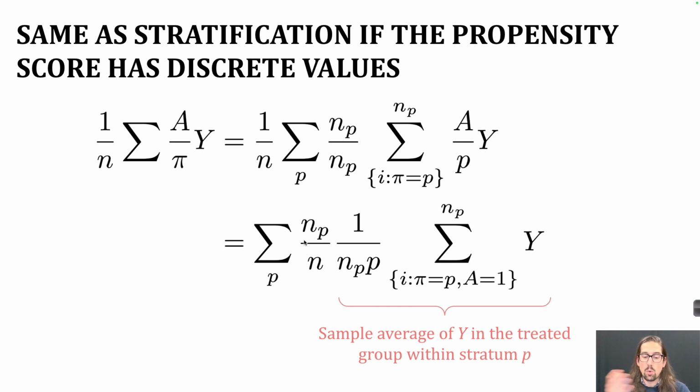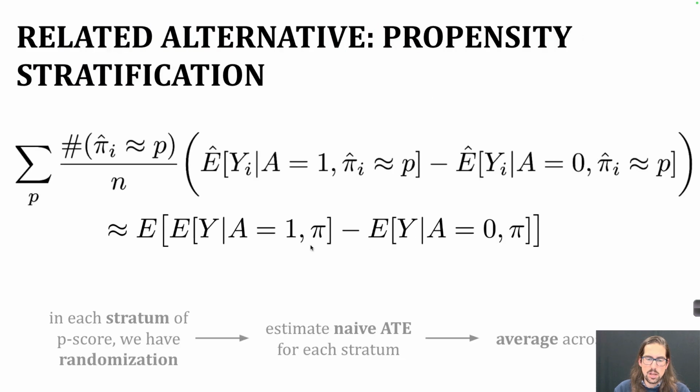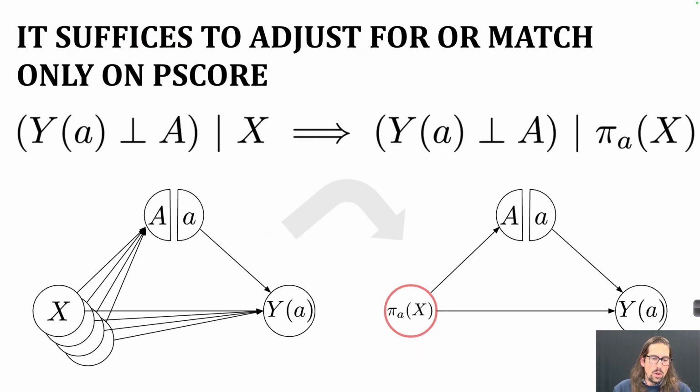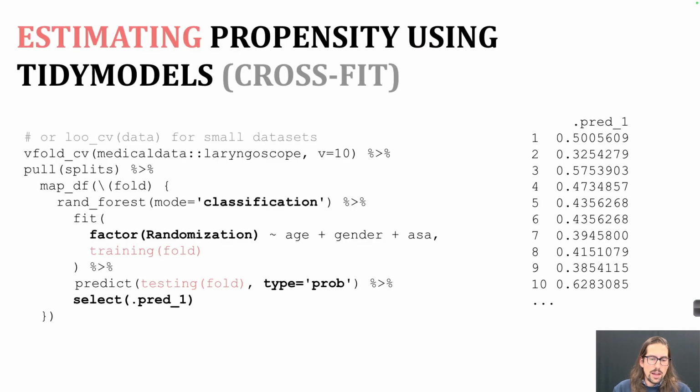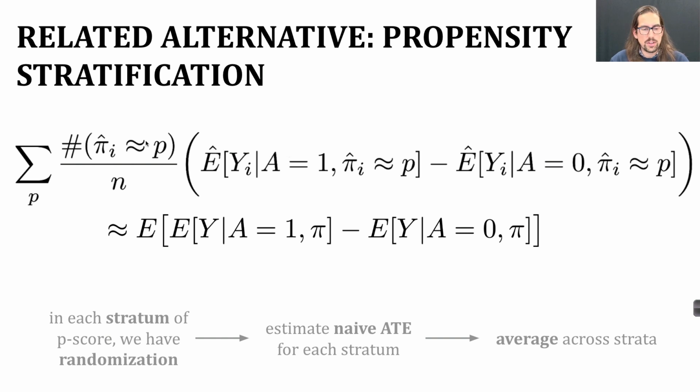And then this is just like a weight of, okay, how many people are in that stratum relative to the total population, which is exactly what we had here. So it's exactly this, except here I've written it with the A too, so I have the other term. But if you just ignore that, you have kind of this and this. This is exactly that n_p over n, and then this is that sample average within this group.